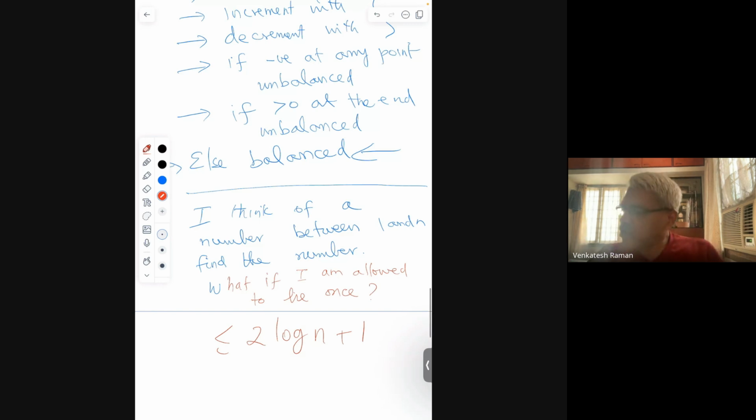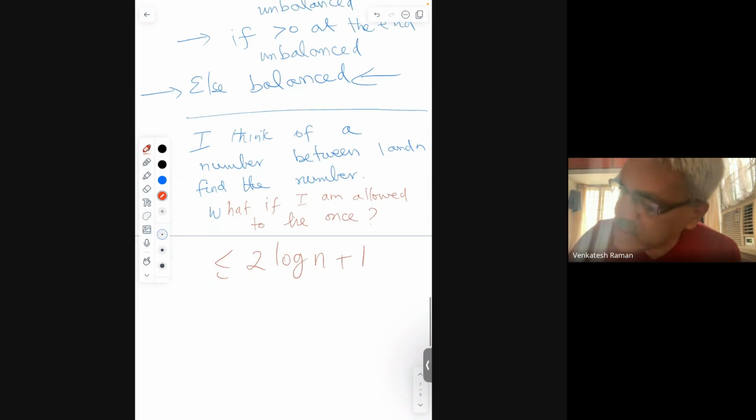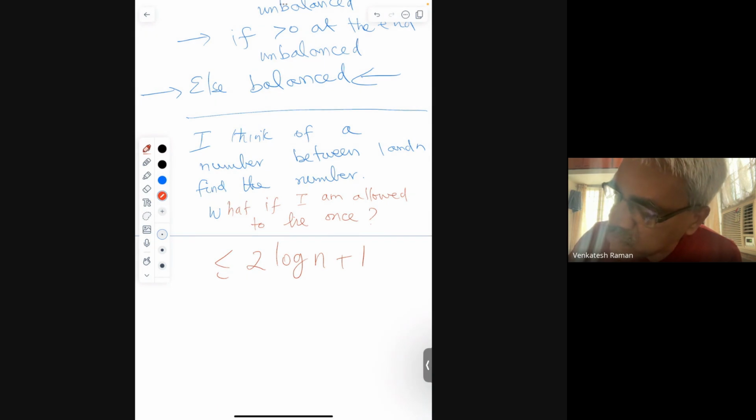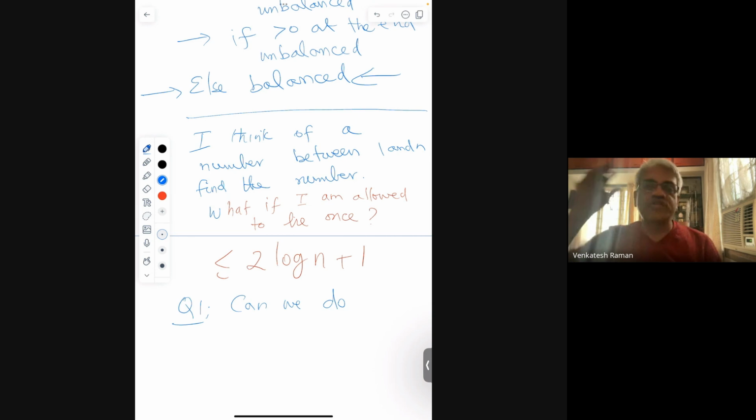Now, there are a lot of really open directions if anybody is interested. Question 1, can we do better? This has a relation to error correcting codes because in coding theory, it's sort of building redundancy.